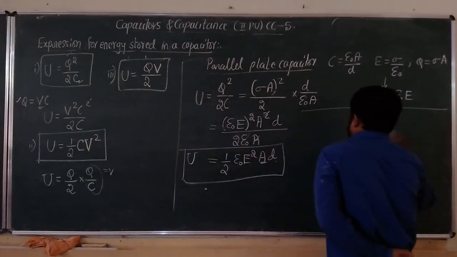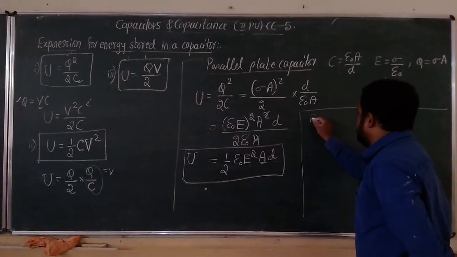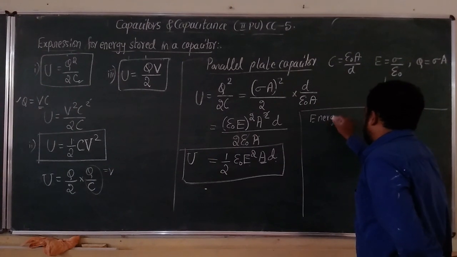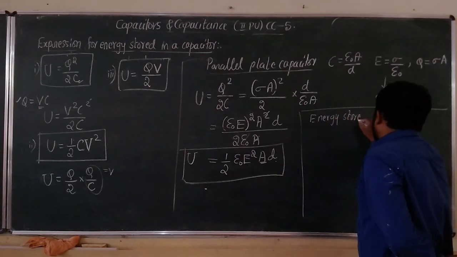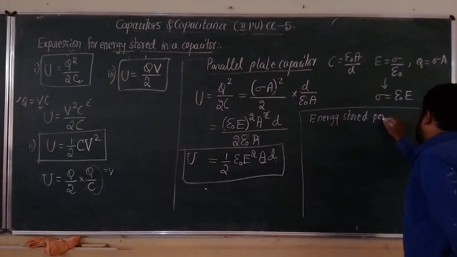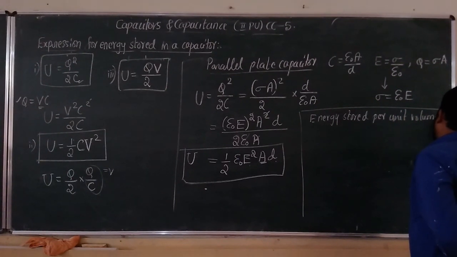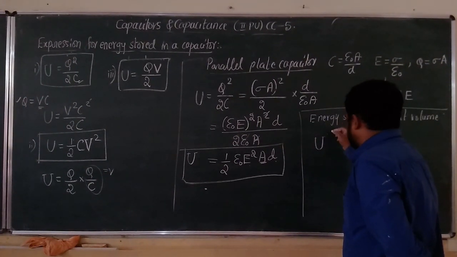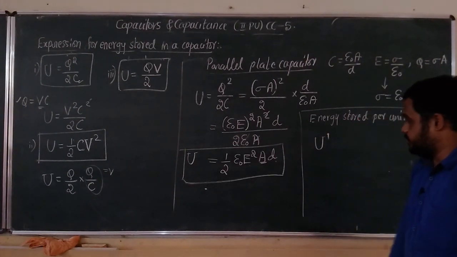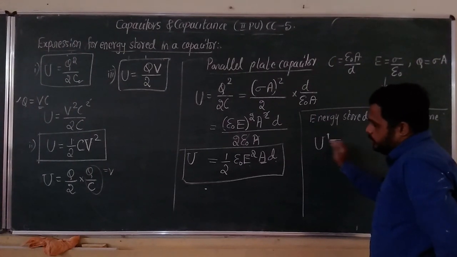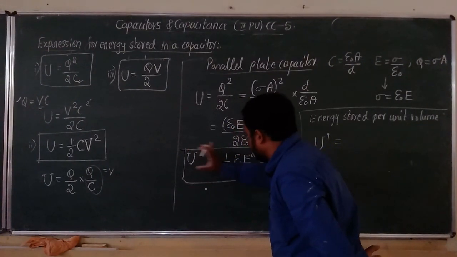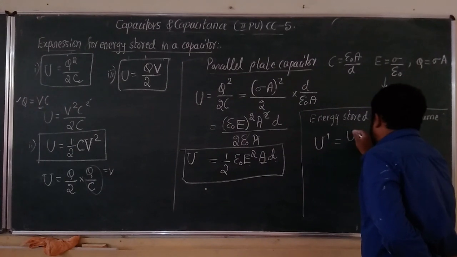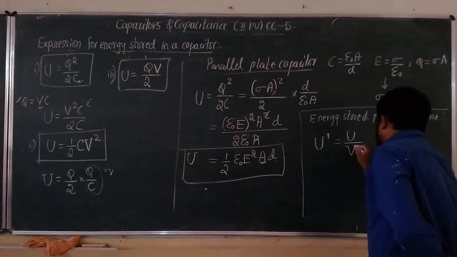Next, one more expression, energy stored per unit volume of a parallel plate capacitor. Let it be some U dash. Energy stored per unit volume is total energy stored, U, divided by volume.